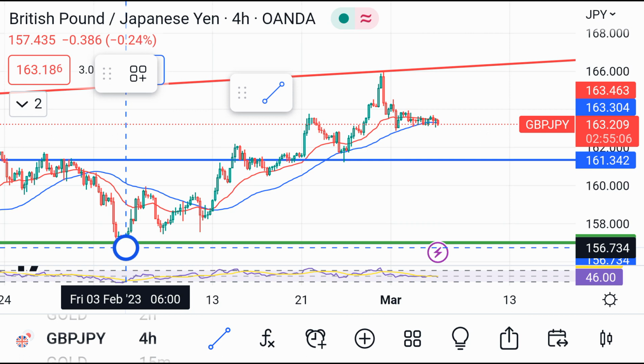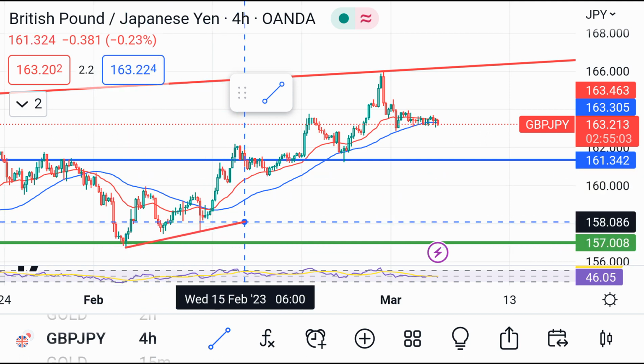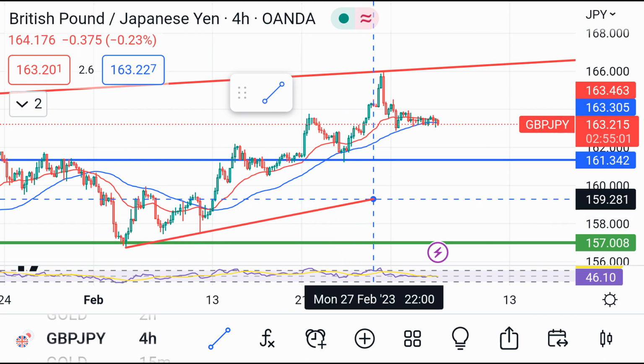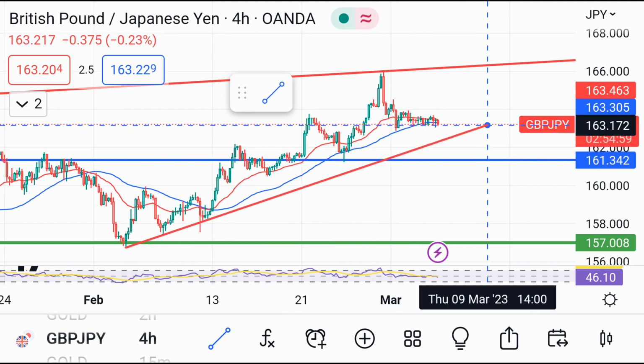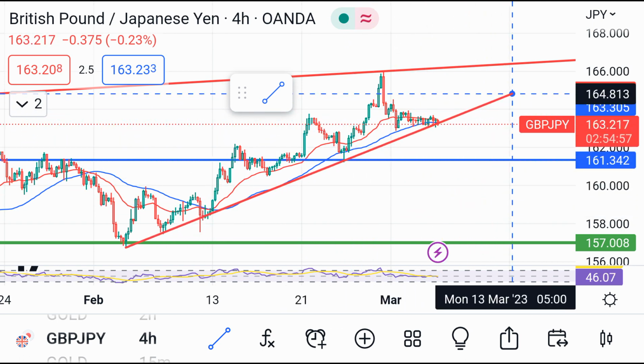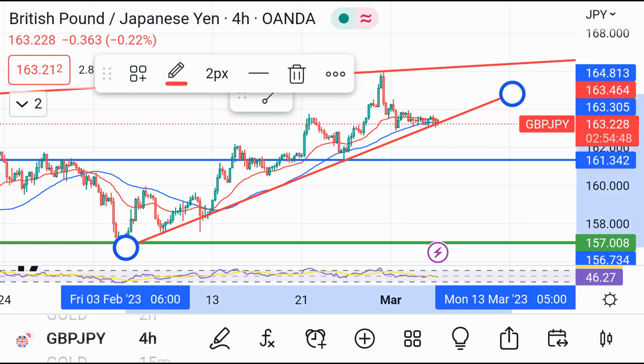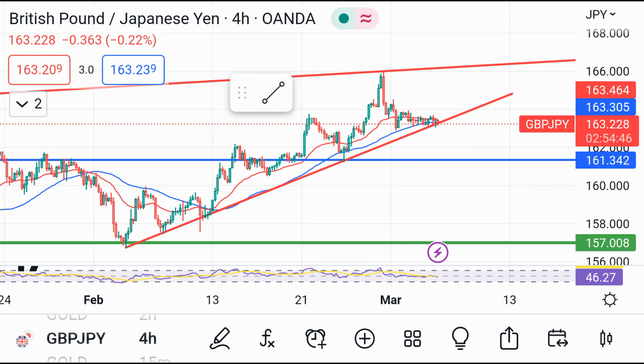Using the 4-hour time frame, let's draw our trend line like this. So this is our trend line.